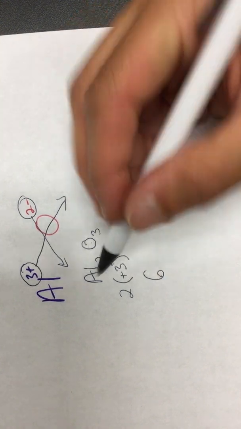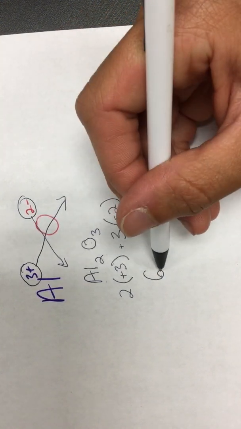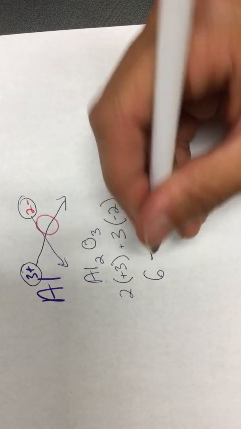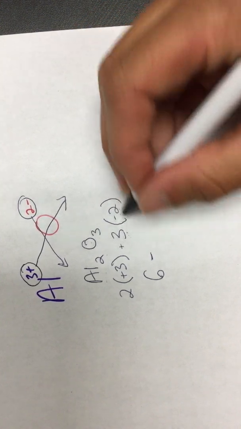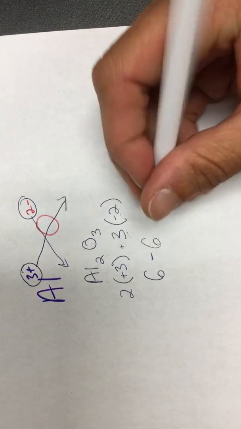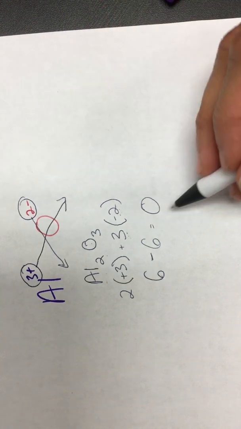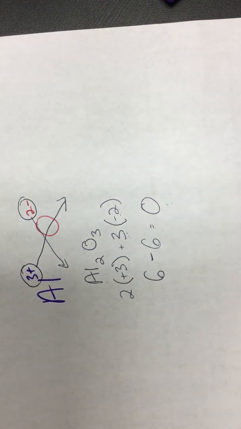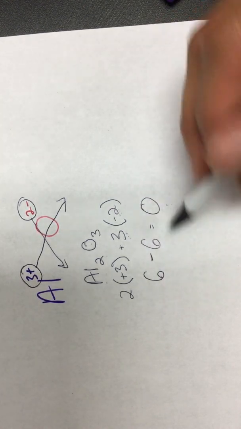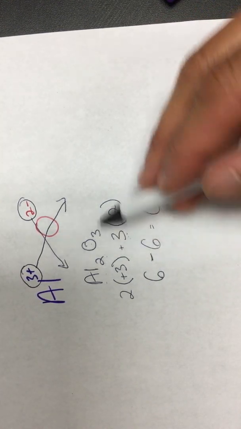So in total, these 2 aluminums have 6 electrons to give, and in total, these 3 oxygens have 6 electrons to take. So overall, there are no electrons that are missing from some kind of bond. They all have some place to go. And this is a nice little way to check, just to make sure that you've got your subscripts correct.